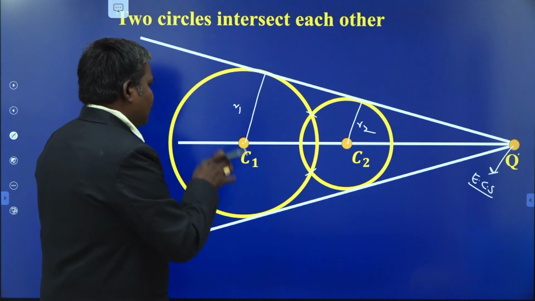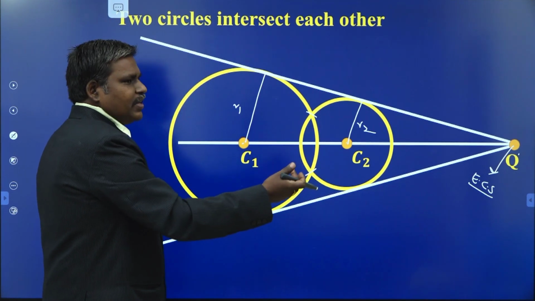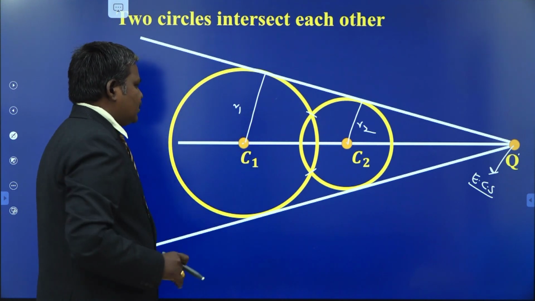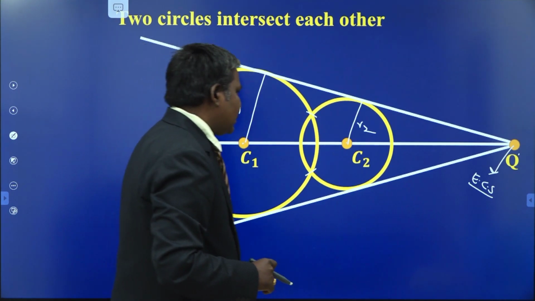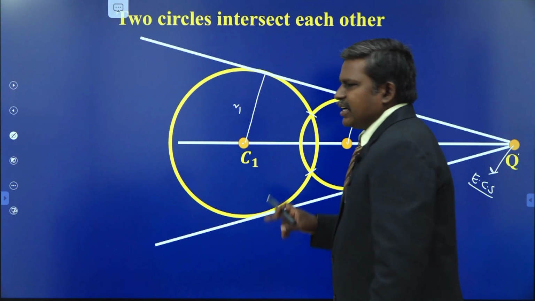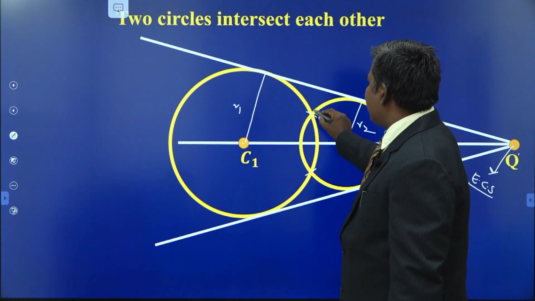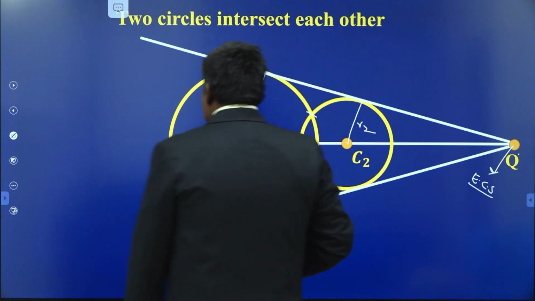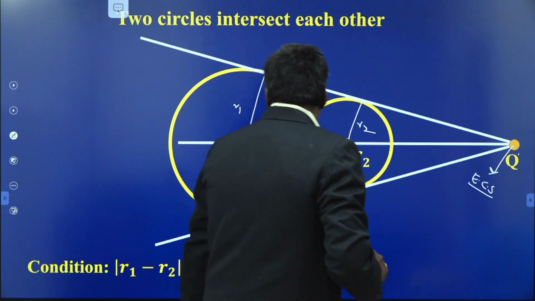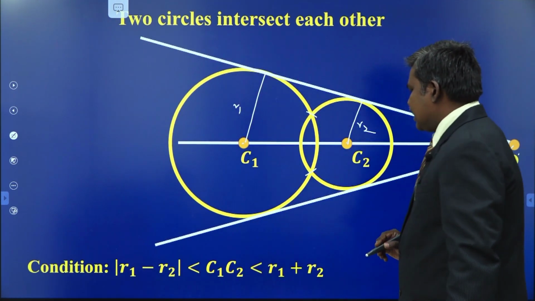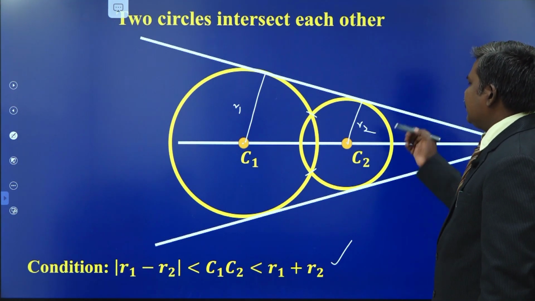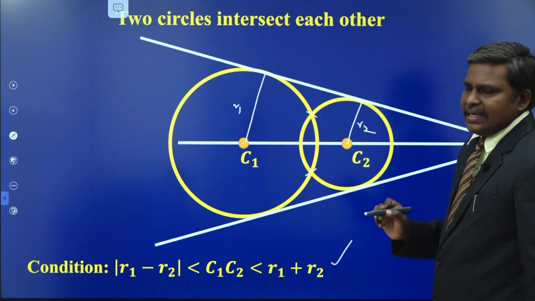In this case, we say that the two circles intersect each other at two distinct points. This is one point of intersection. This is the other point of intersection here. So, the condition is like this: modulus of R1 minus R2 less than C1C2 less than R1 plus R2. Then the two circles intersect each other.